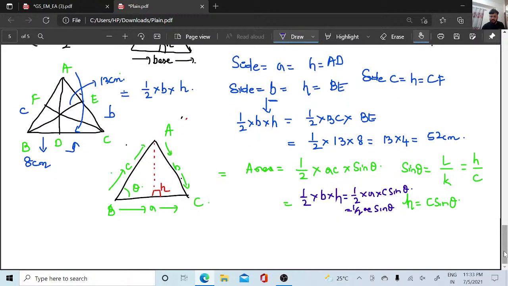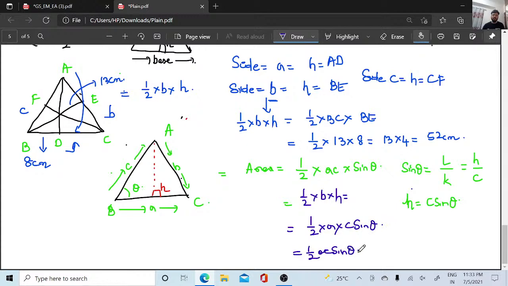Let me write it below, give me a minute. H I am already having here. So this is half, my base is A, H is C sin theta, so this will become half AC sin theta.